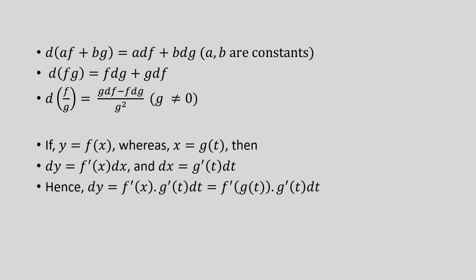So, suppose small a and small b are constants, then what is d of a f plus b g, where f and g are functions of x, let us suppose. So, that is given by a df plus b dg, right. So, the a and b are constant, so they are coming out, and f and g are not constant, so df and dg.